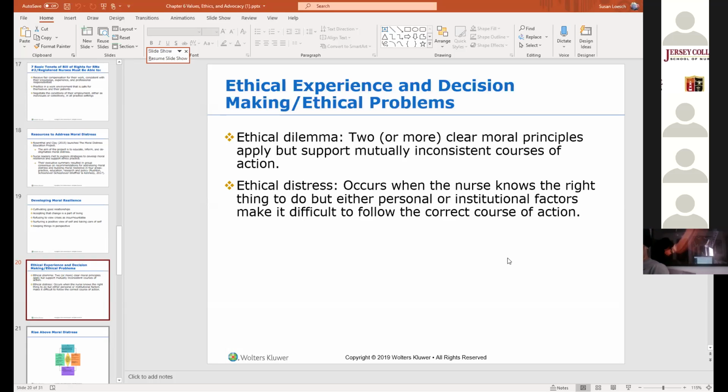Okay, your boss tells you that you're to give everybody a surgical mask, even though you know that you have nurses going into that room with that COVID positive patient. Okay, now the right thing to do is what? Give them the KN95, right? And I'm sure some of you have already faced this.